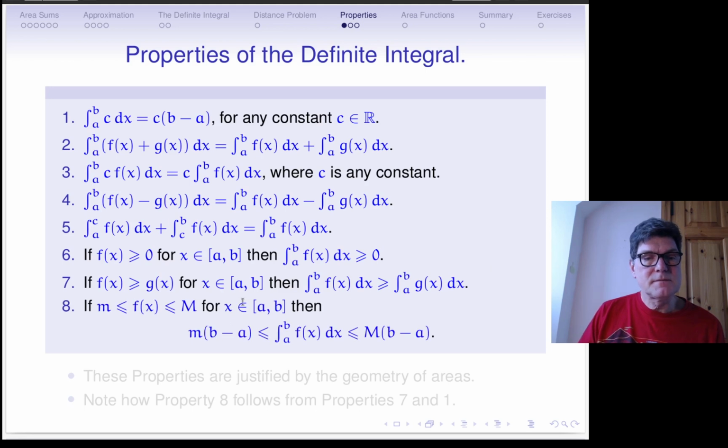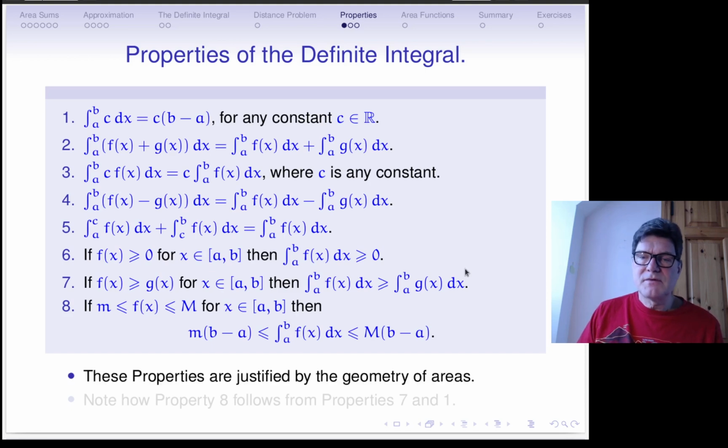And finally, if f of x is squeezed between numbers little m and capital M all the way between a and b, then the sizes of the rectangles little m times b minus a and capital M times b minus a are lower and upper bounds for the actual value of the integral from a to b f of x dx.